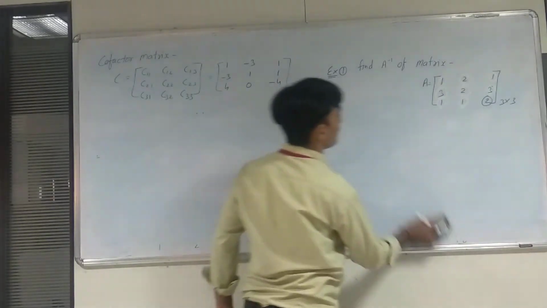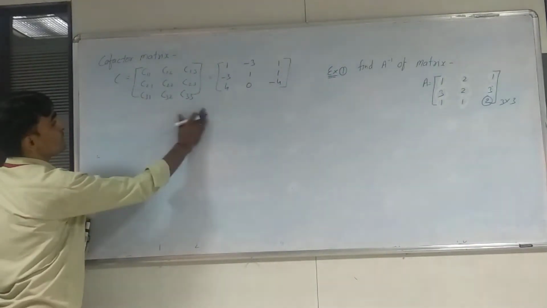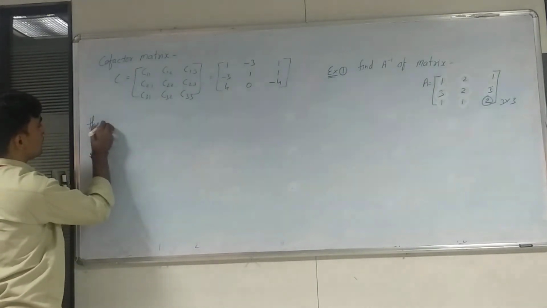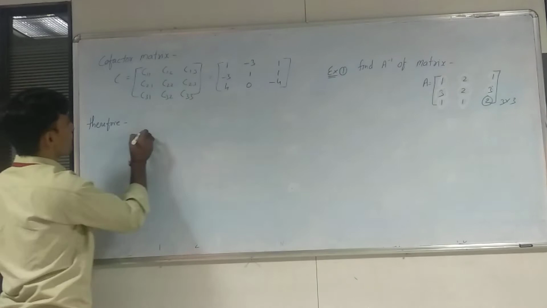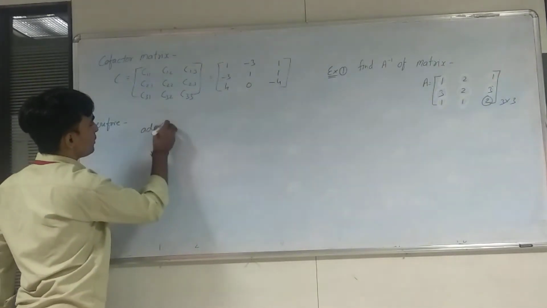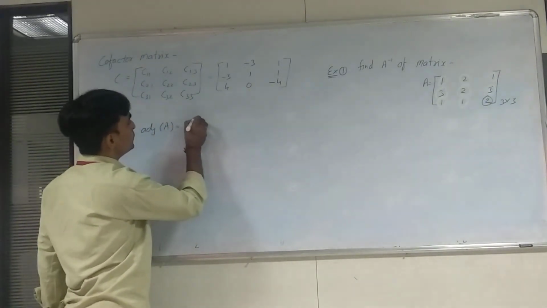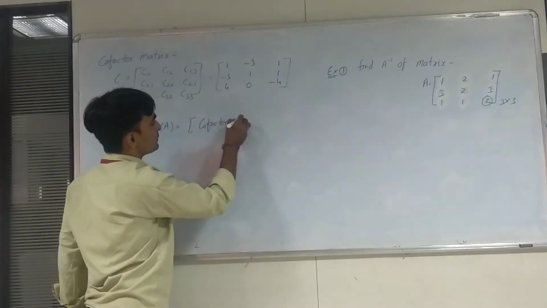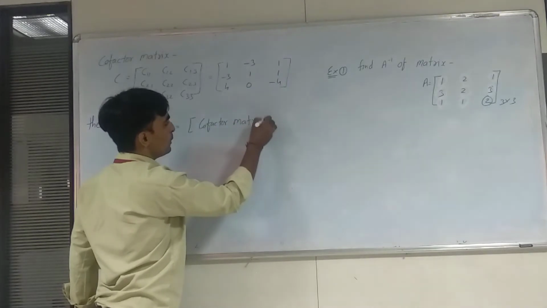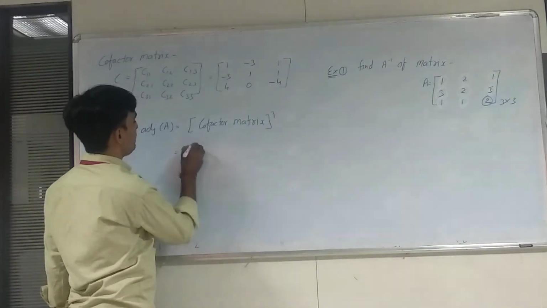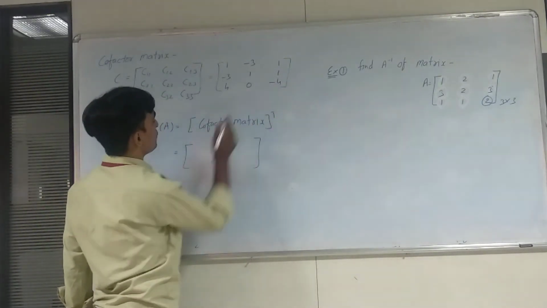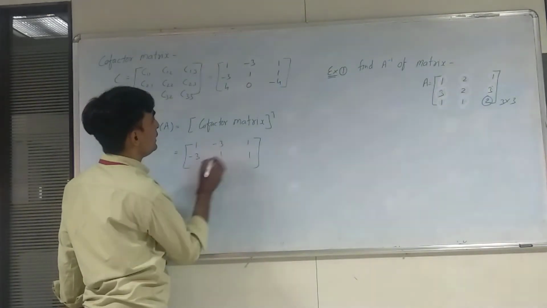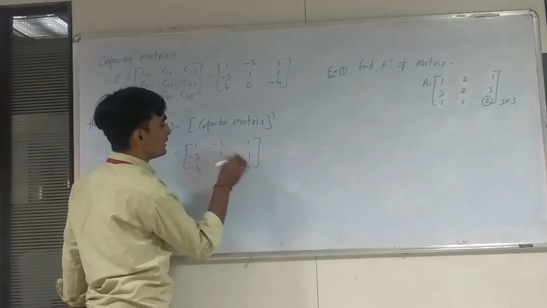So this way we can find the cofactor matrix. Now using this cofactor matrix we will find adjoint of A. Adjoint of A equal to cofactor matrix transpose. Simply we can say transpose of this matrix: 1 minus 3 1, minus 3 1 1, 4 0 minus 4.